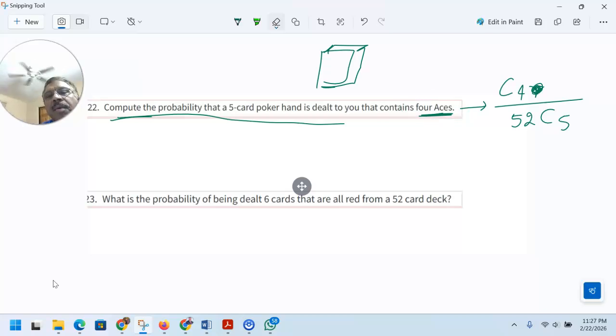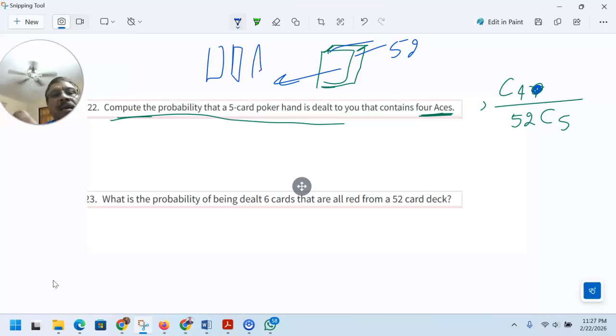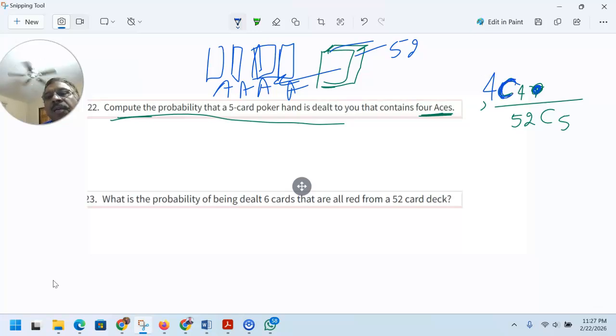Since they're asking for four aces, that means four ace cards and the other one is a non-ace card. This deck contains 52 cards, and in this deck there are four aces, right? So from four we'll pick four. 4C4 basically means you are picking the first four from this, and then the fifth card has to be chosen from non-aces.